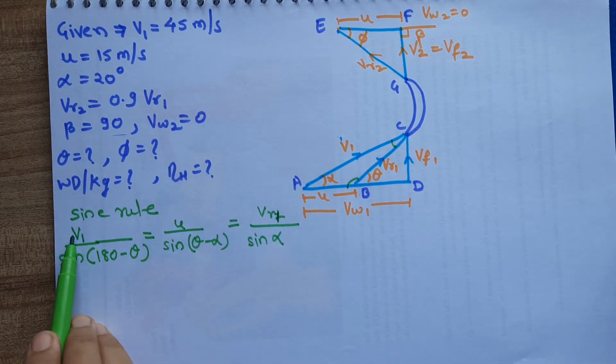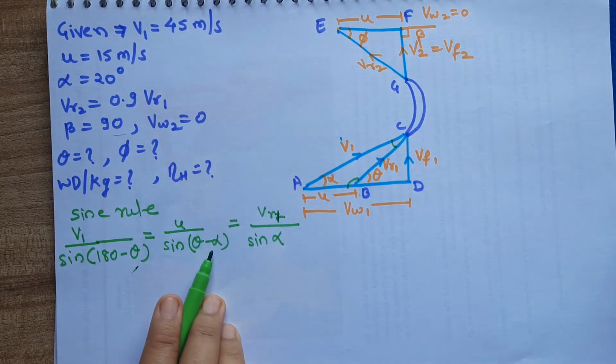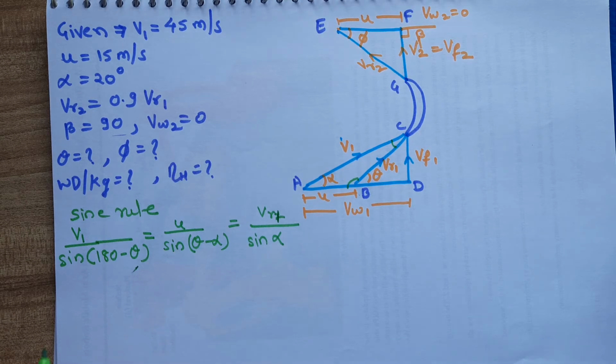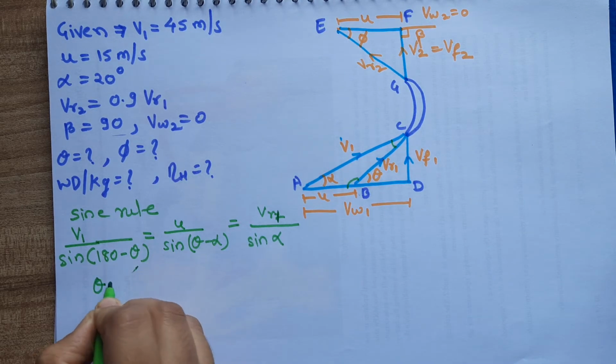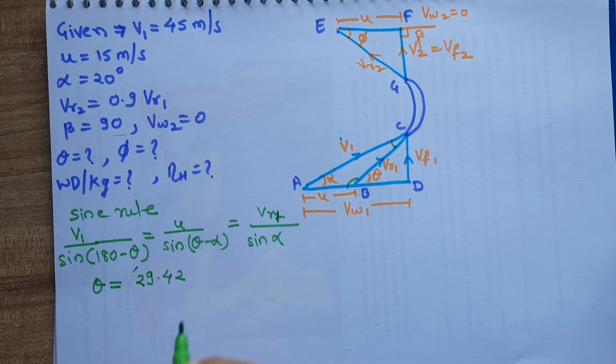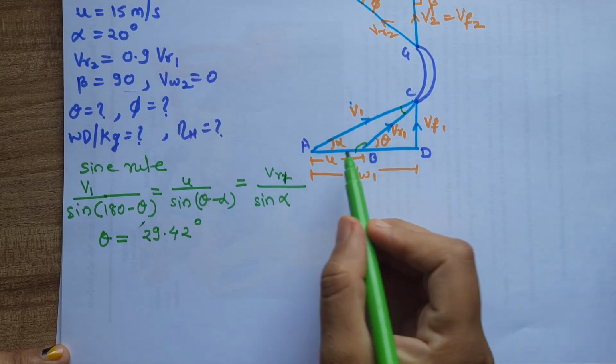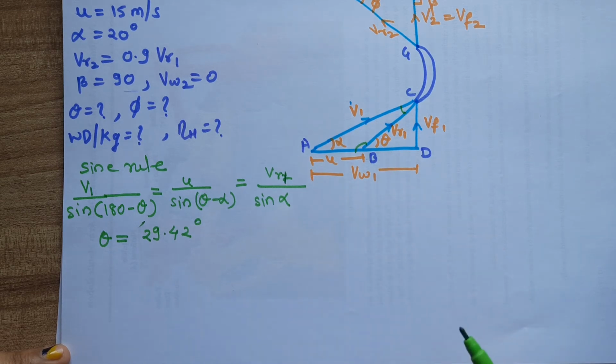Now here V1 is known to us, theta not known to us, U known to us, and alpha is known to us. So we can find theta from here, and we will get theta as 29.42 degree. So this is how we can find theta. We can also find this theta by using the trigonometry.